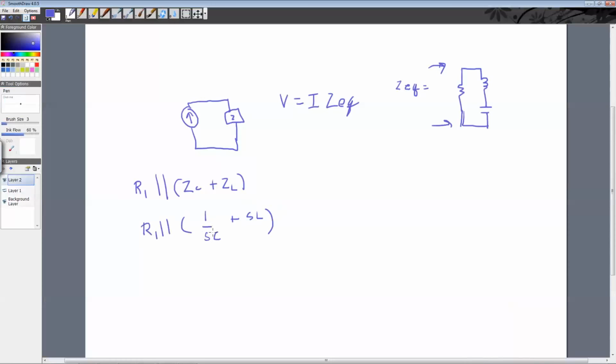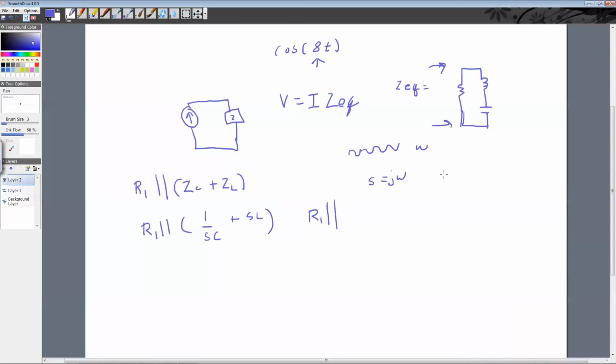So we let S equal J omega, when the whole idea is that we have a persistent sine wave of some frequency omega. And in this question, it was cosine 8t. So in fact, that is our omega right there. All right.